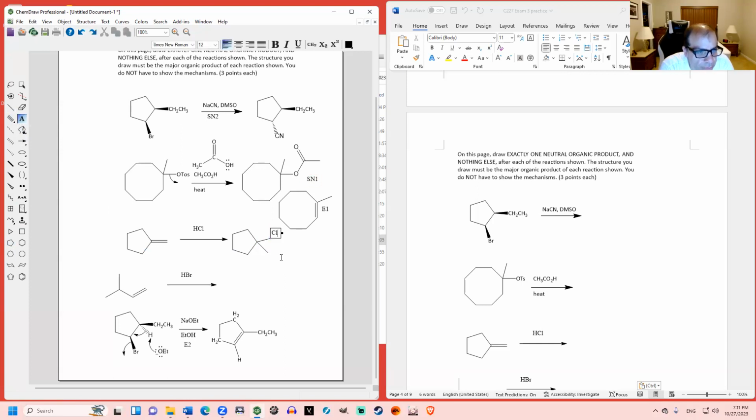So the carbon in the methyl group is this carbon in the CH2. We can go over that mechanism too if we need to. But this is just electrophilic addition of HCl across a double bond.